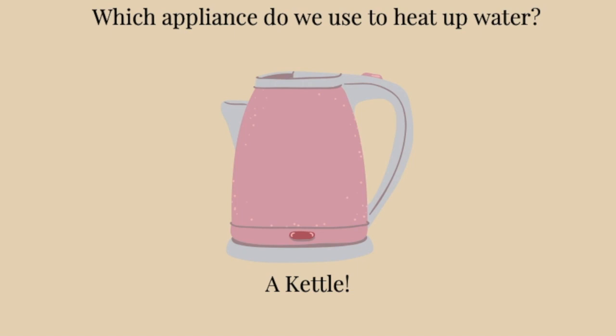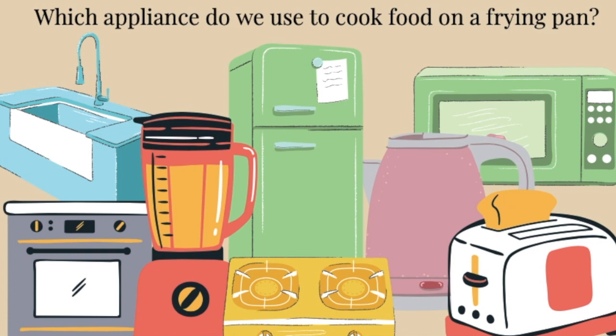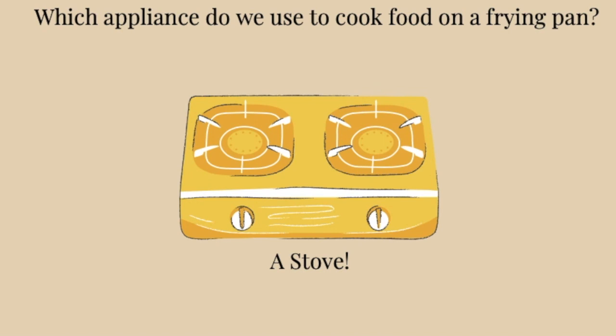A kettle. Repeat. A kettle. Which appliance do we use to cook food on a frying pan? A stove. Repeat. A stove.